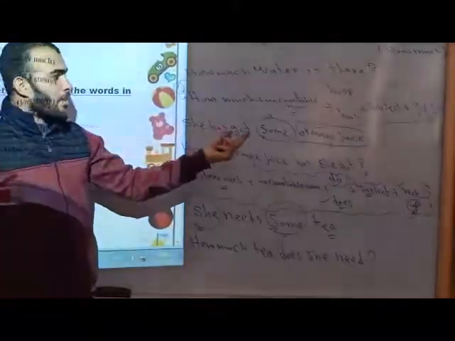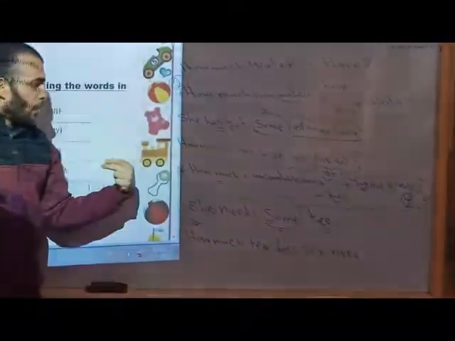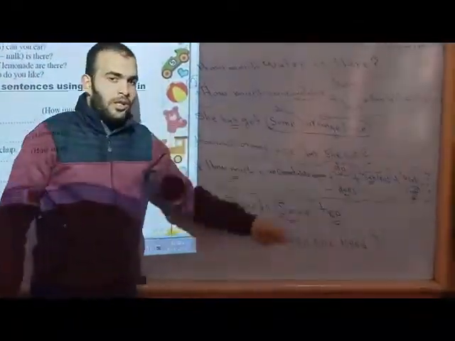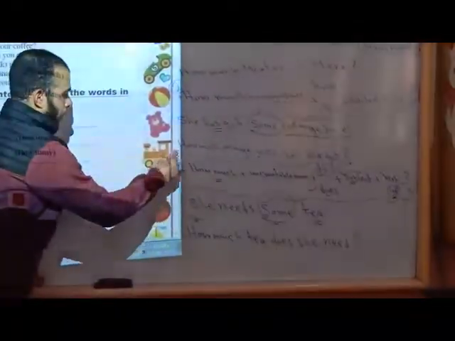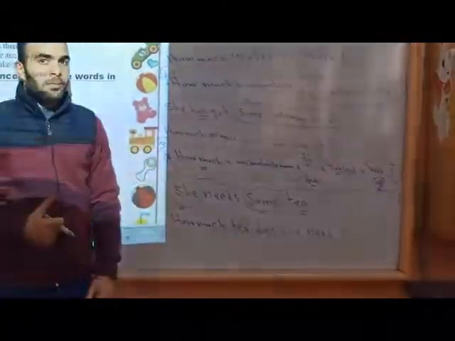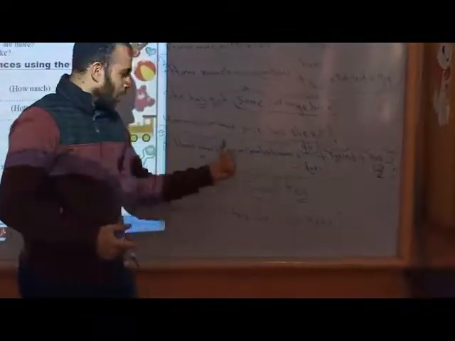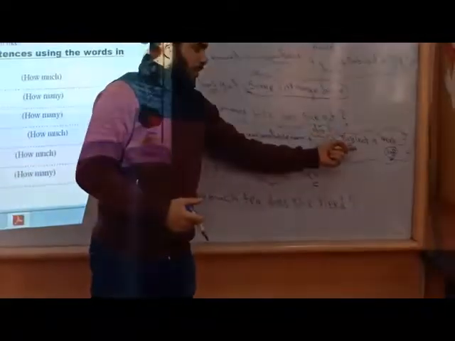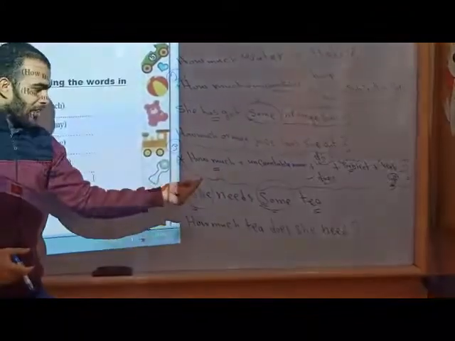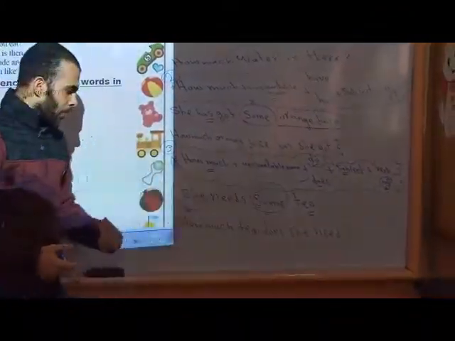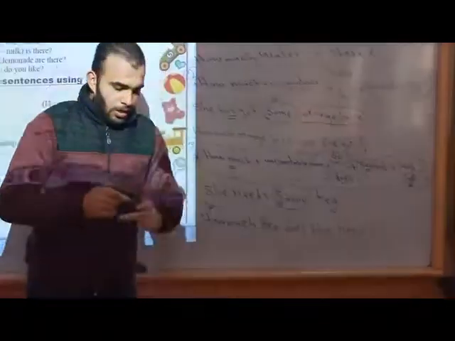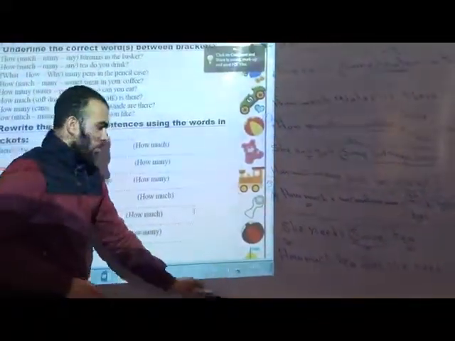She has got some orange juice. Use how much: how much orange juice has she got? Third one, using how much followed by uncountable noun in the present simple, put in do or does, followed by the subject, verb in the infinitive. Like what? She needs some tea. Use how much: how much tea does she need? Okay, this is about how much.